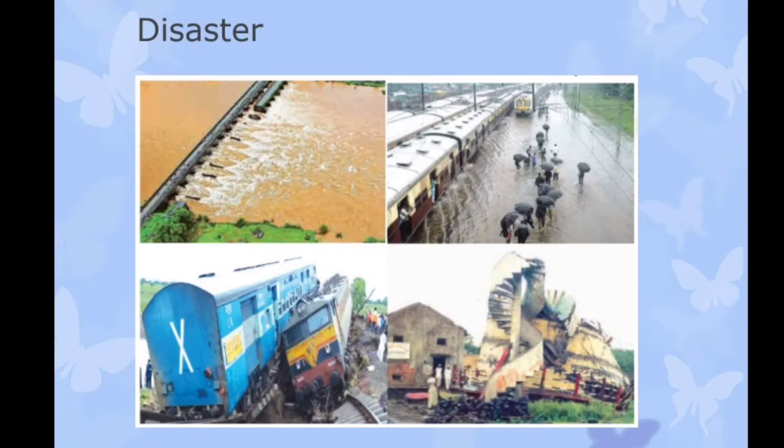Disaster. Various dangerous events occur many times in the environment. Those are called disasters. Some of the main natural disasters are floods, wet and dry famine, cyclones, earthquakes, volcanoes, etc. These are all sudden troubles to mankind.